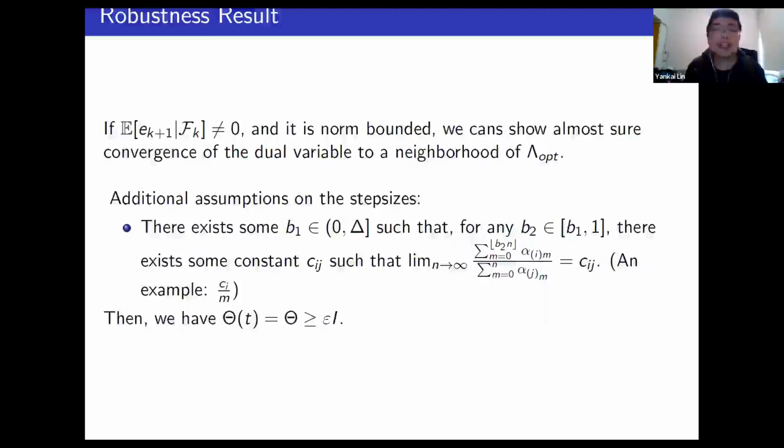In the original work of Borkar, if all of these Cijs are 1, then this theta t becomes the identity. So the limiting differential inclusion becomes the standard supergradient flow or superdifferential flow. So if you have these assumptions satisfied, then this theta t becomes a constant. That's the key message of this assumption.